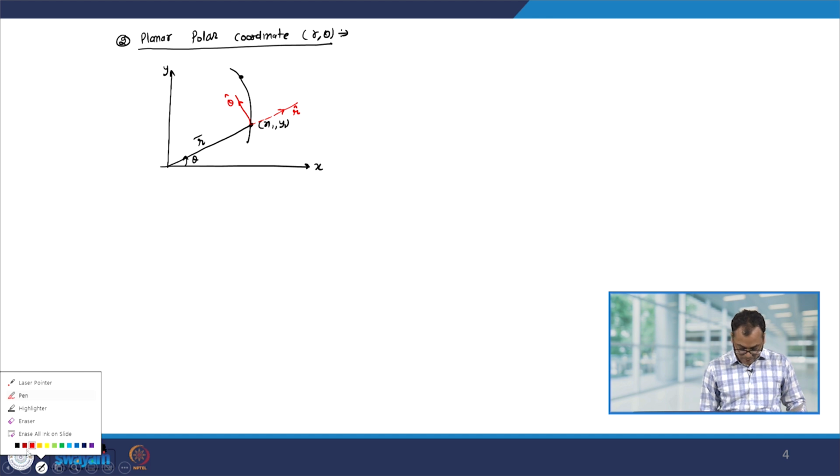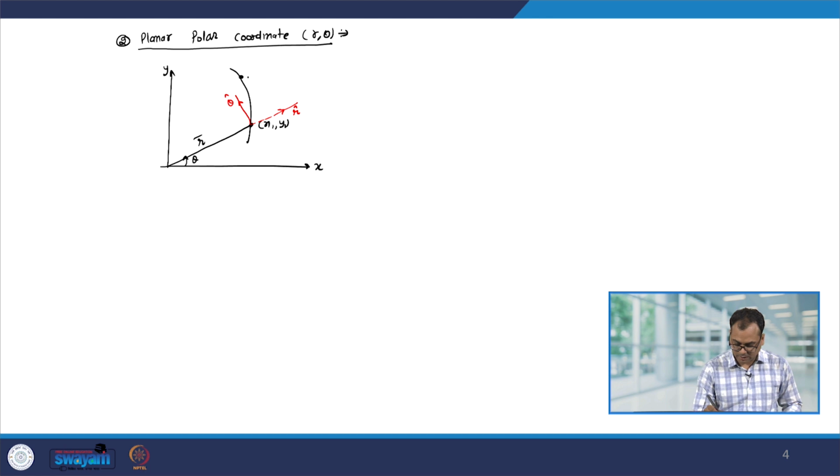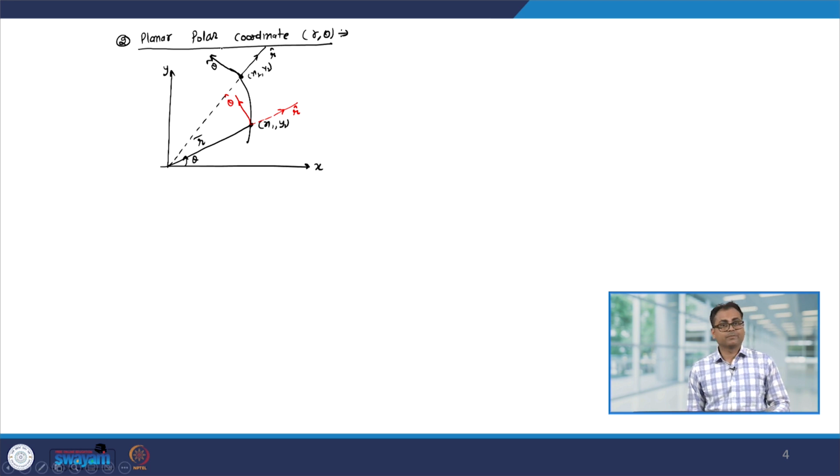Now, when the particle moves from, let us say, x1, y1 to some other point x2, y2, you can see that the direction of r cap and the direction of theta cap has changed. So, let me write it.